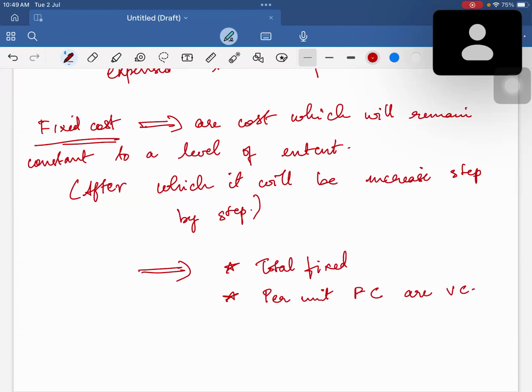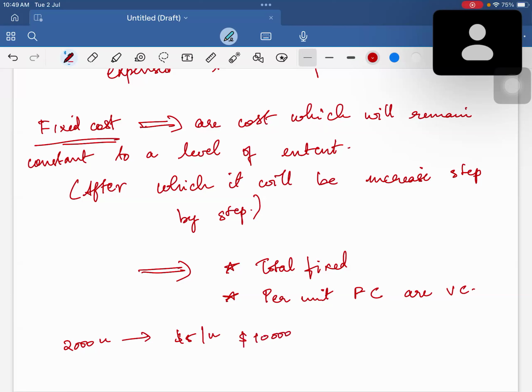The logic behind it is that when you get a cost, you break it down, and when you break it down, you get per unit fixed cost. So if you have 2000 units and you incur maybe $5 per unit, at 2000 units you have $10,000.